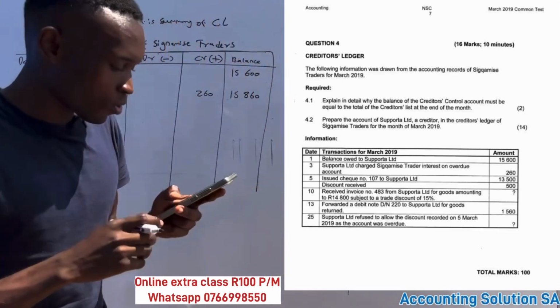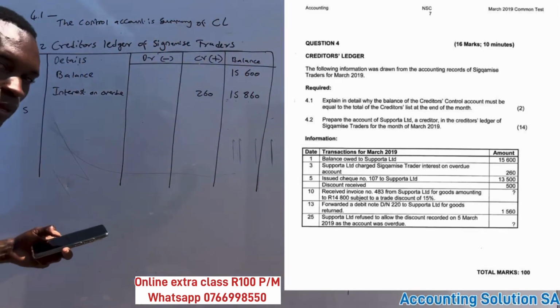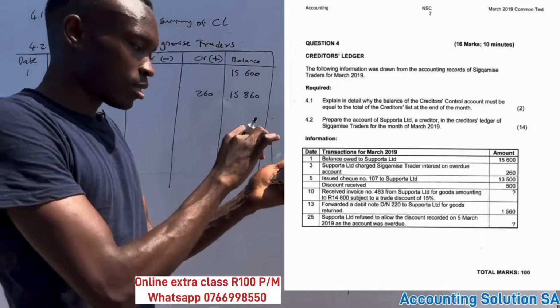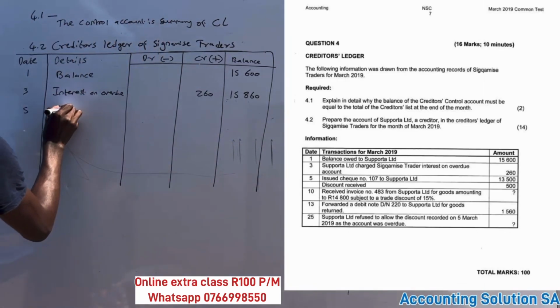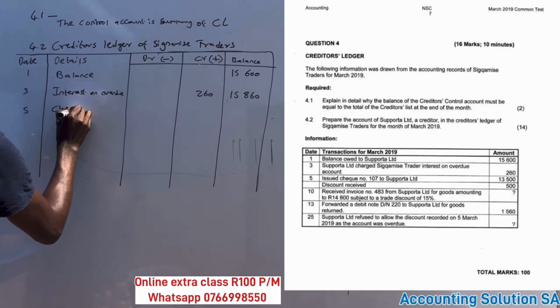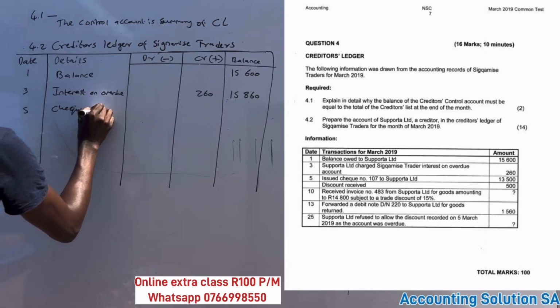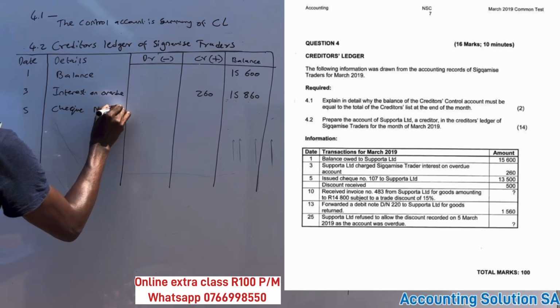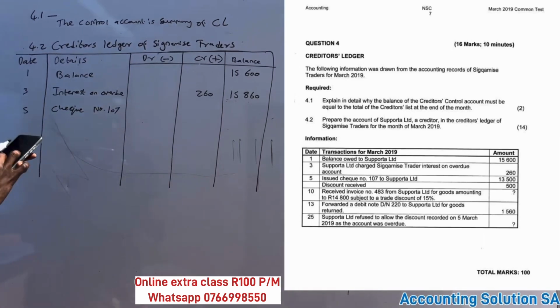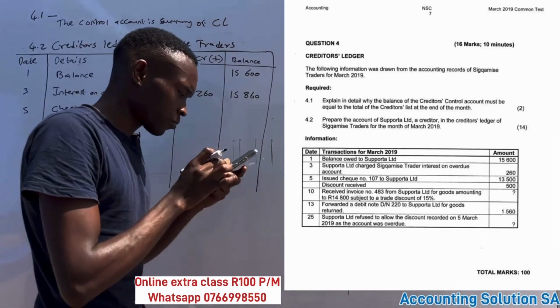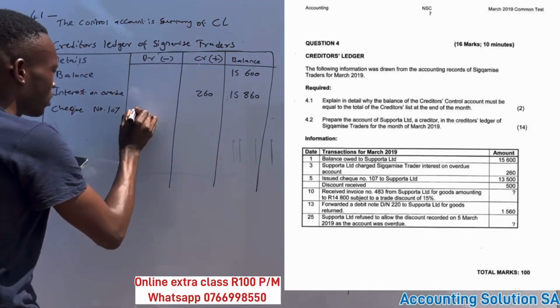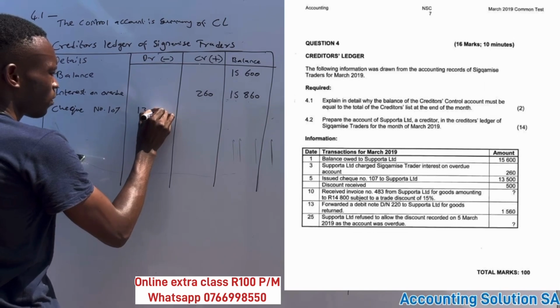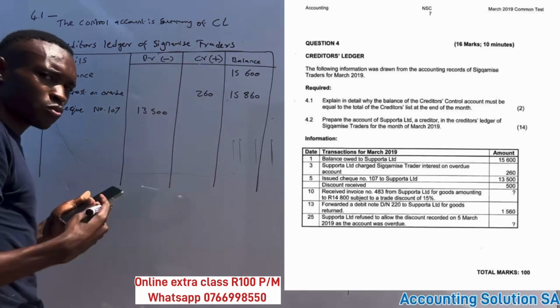Because we issued a check, which means that we paid and showed them a check for the amount that we pay, it was check number 107. We paid an amount of how much? An amount of 13,500. 13,500 is going to reduce liability because we pay.